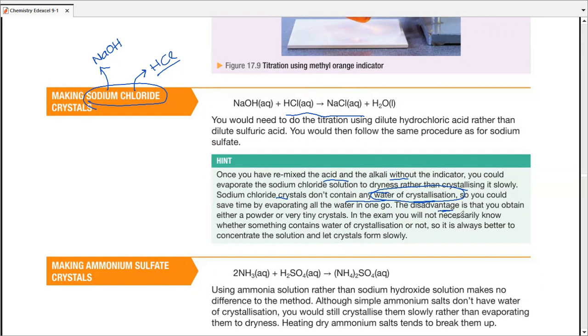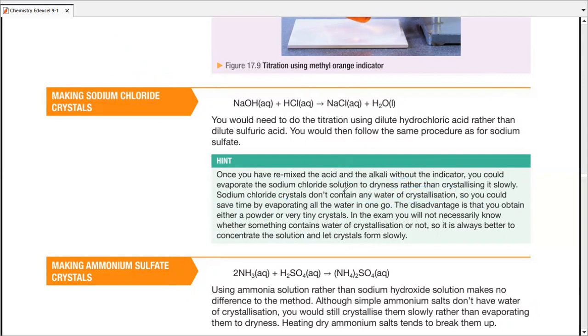There is a downside. If you do that, you would either get a powder or very tiny crystals. So if you need bigger crystals, you're not supposed to evaporate to dryness, whichever kind of salt that is, whether it has water of crystallization or it hasn't. Okay, so we prefer not to evaporate to dryness.